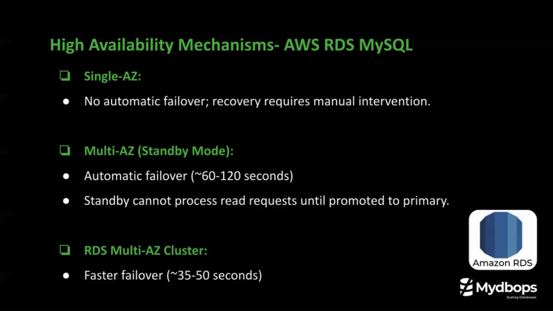In multi-AZ RDS cluster, it offers even faster failover, usually 35 to 50 seconds, that improves your application downtime. Each option provides a different level of availability based on how critical uptime is for your application. You can choose RDS single AZ, multi-AZ standby mode or RDS multi-AZ cluster.